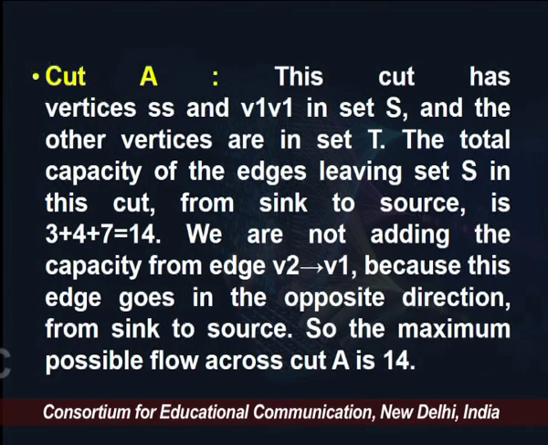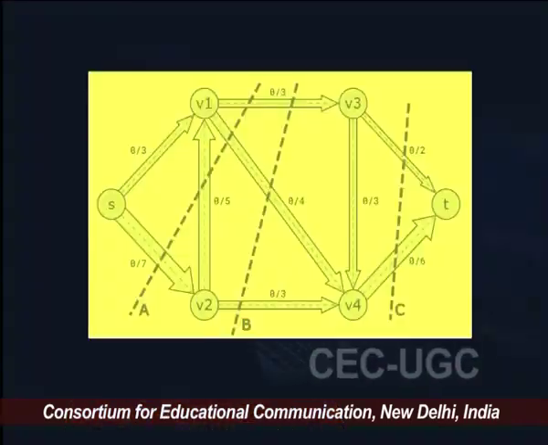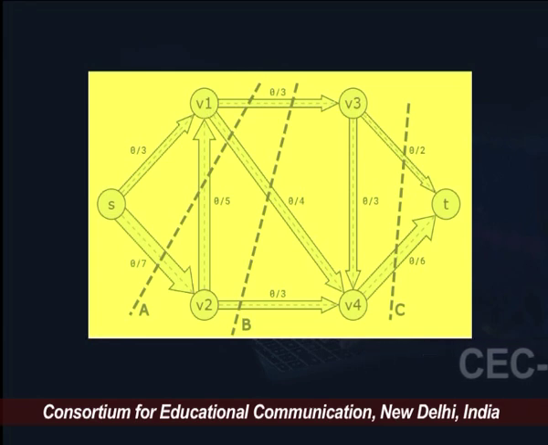So, if we talk about the cut A, the maximum possible flow here is 3 plus 4 plus 7, which is 14. Moving further, if we look into cut B, the maximum possible flow is 3 plus 4 plus 3, which is 10 across this cut B, and this you can verify from the figure.